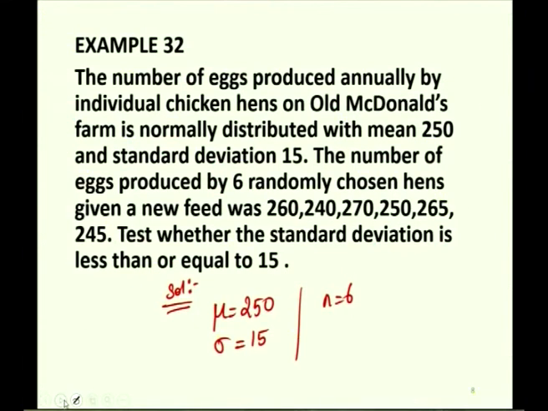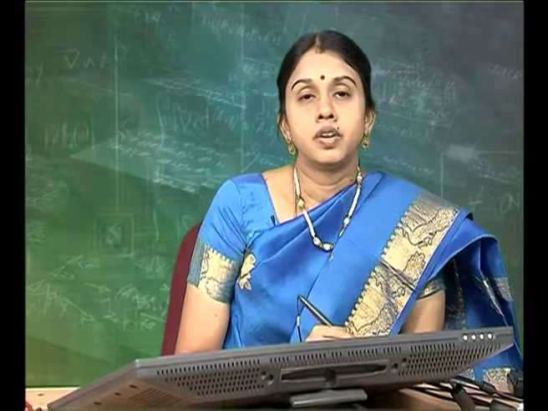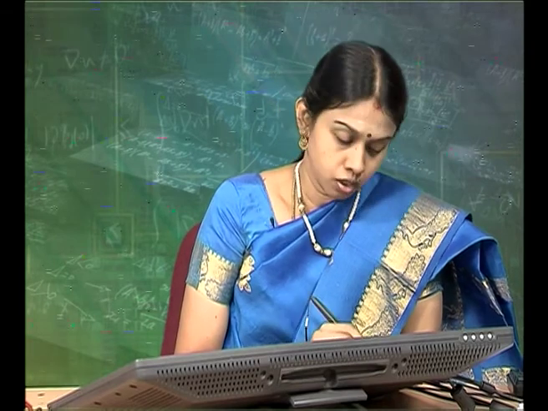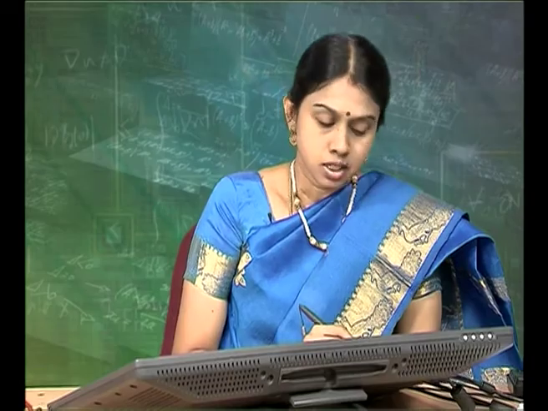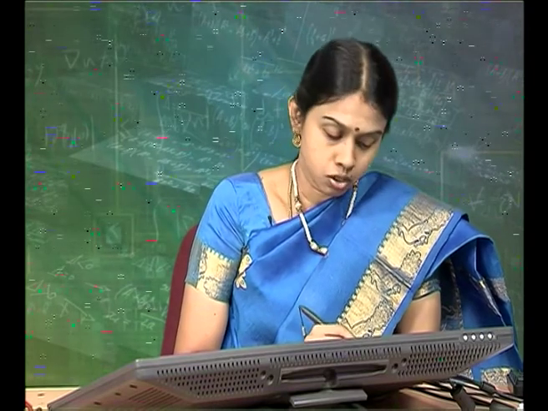Okay. The formula for the chi-square when the population is normally distributed. Here it is given that the population is normally distributed. Therefore, the formula for chi-square when the population is normally distributed, as discussed in the previous session, is chi-square equal to summation xi minus mu whole square by sigma square.